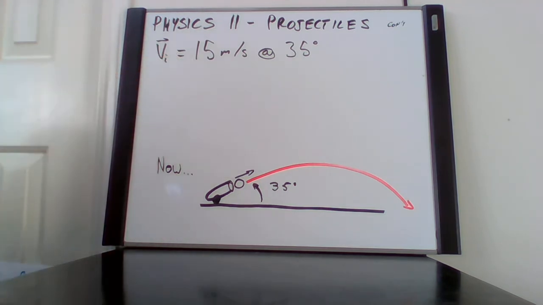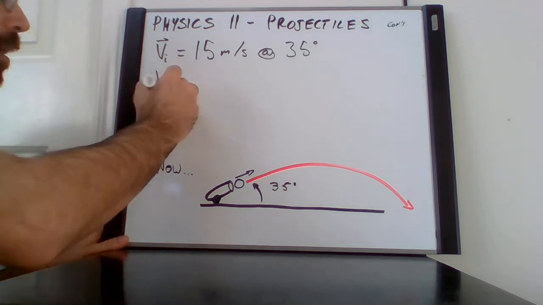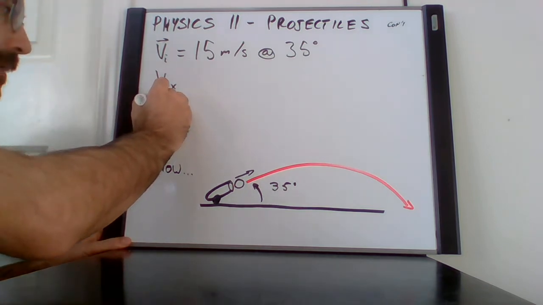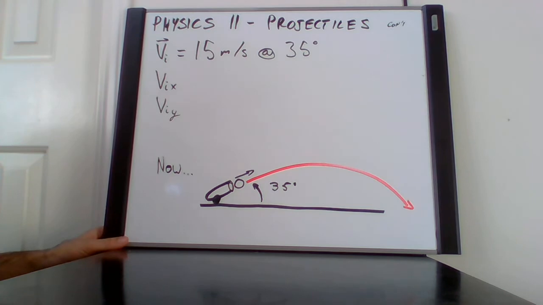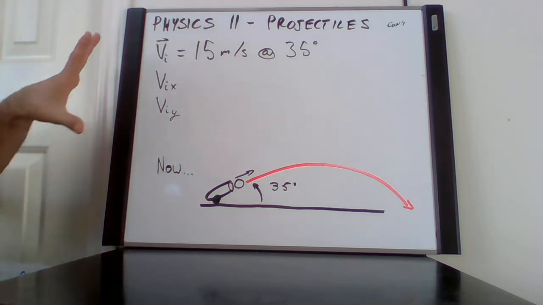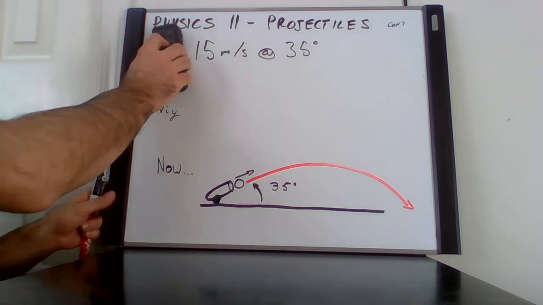We're going to have to decompose this into our Vix and our Viy, that initial y value and that initial x value. That's where that vector information that we dealt with before spring break is going to come into play. Now, before we get into this, I'll come back to all this stuff.